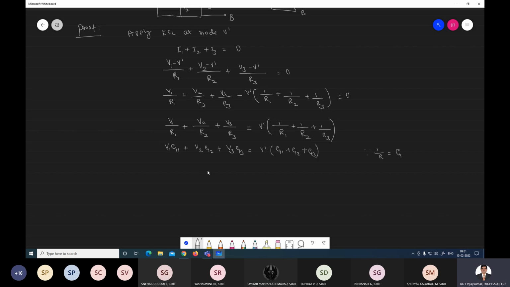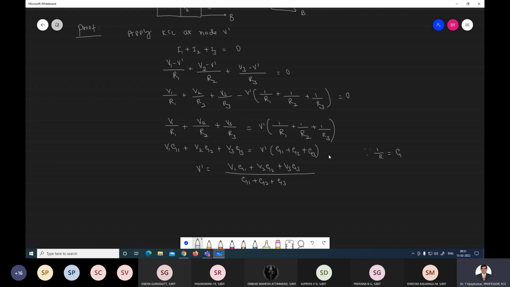Therefore V dash is V1 G1 plus V2 G2 plus V3 G3 divided by G1 plus G2 plus G3.